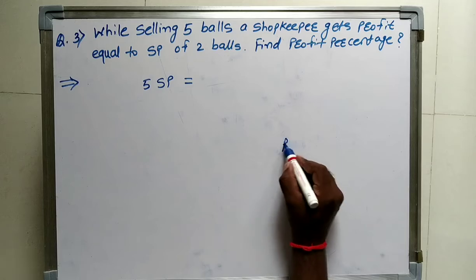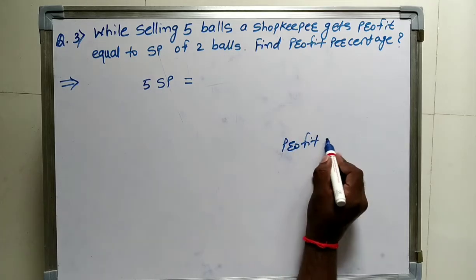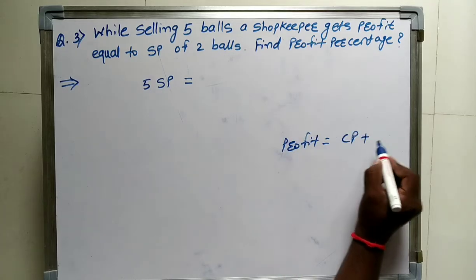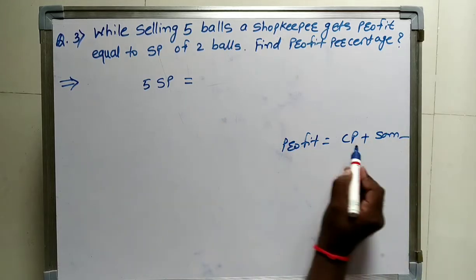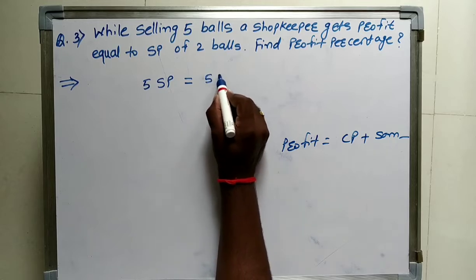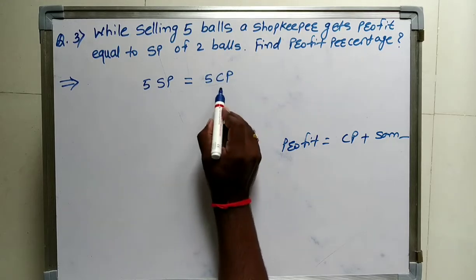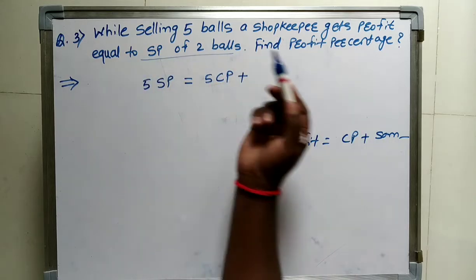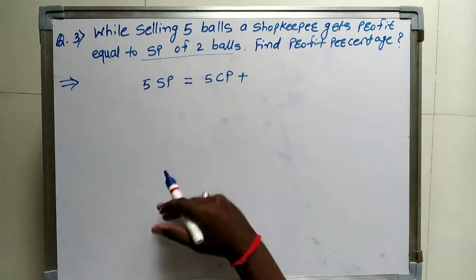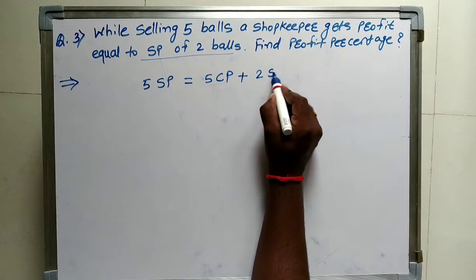Profit means CP plus something. The CP is the CP of 5 balls, plus he gets a profit equal to the SP of 2 balls.